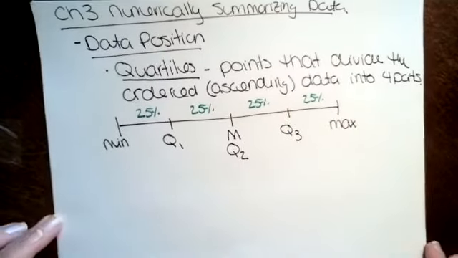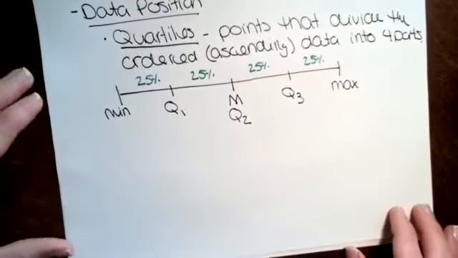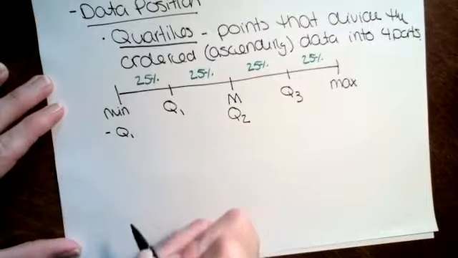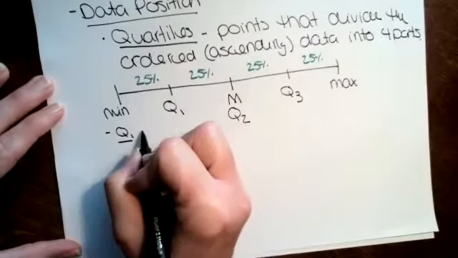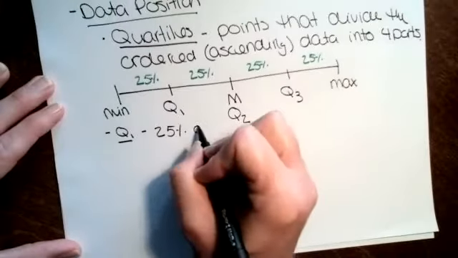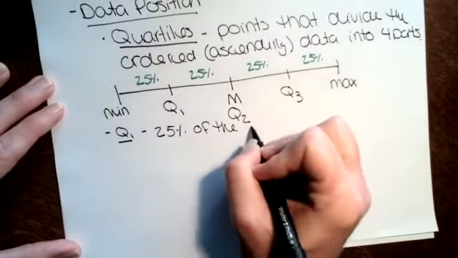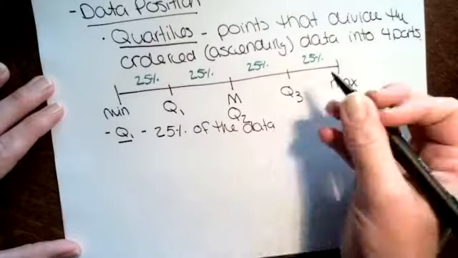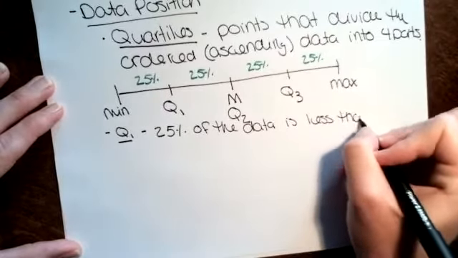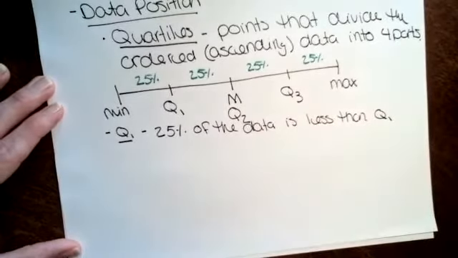So let's talk about what these quartiles are, and then we're going to look at how to calculate them. Quartile 1 says that 25% of the data is less than quartile 1.